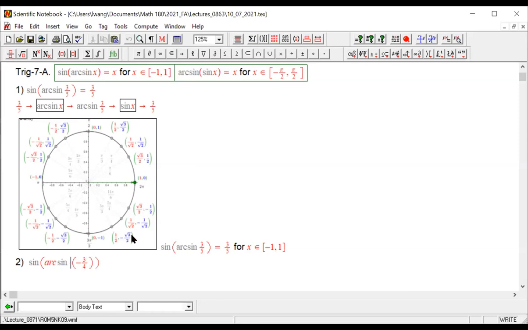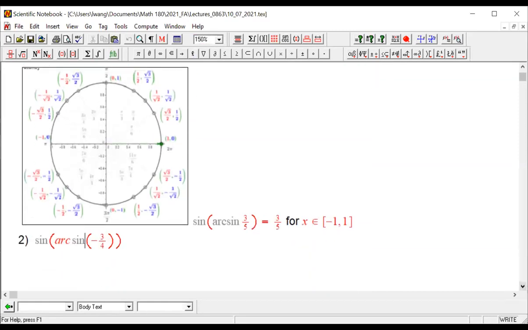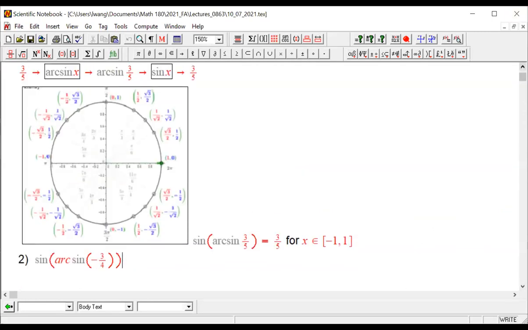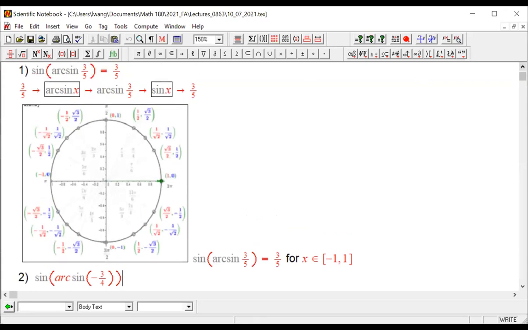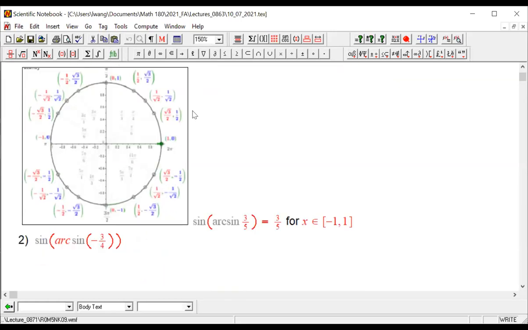Let me make the fonts a bit larger. Jacob was just saying that he was directly applying this formula. This statement, right? This statement.